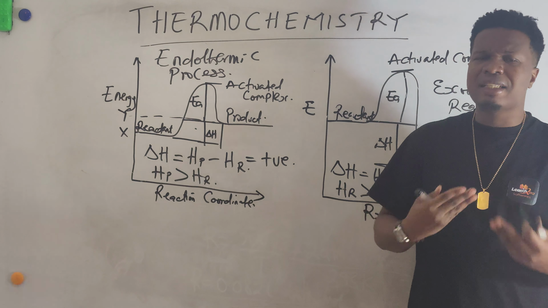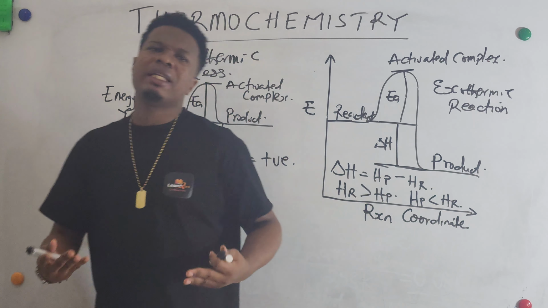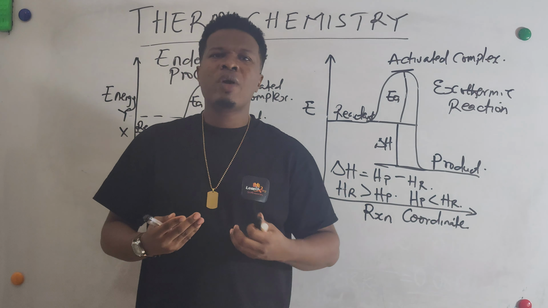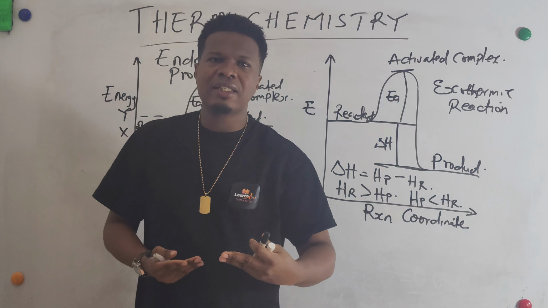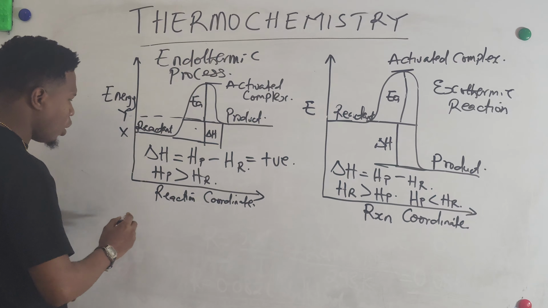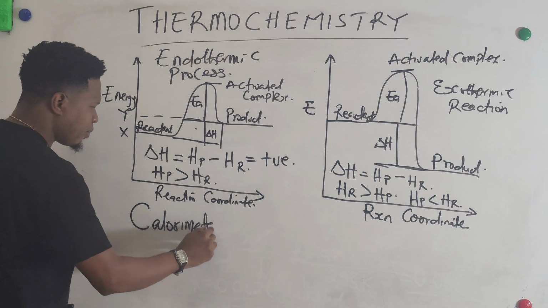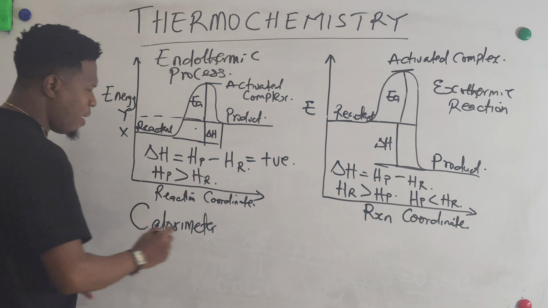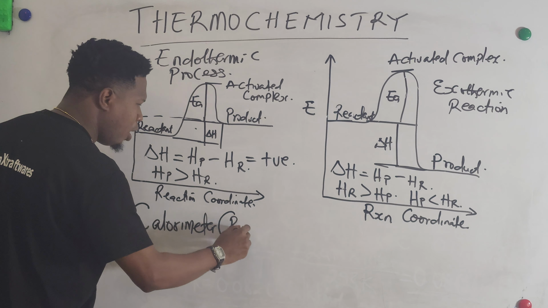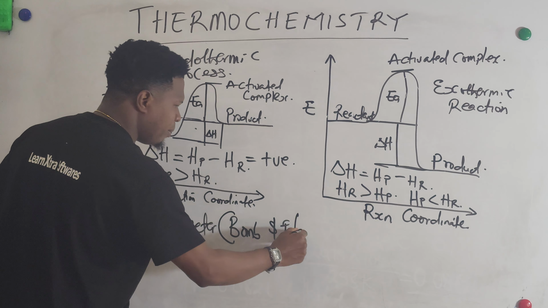Now, these heat changes that we observe in chemical reactions, how can we measure them? We can actually measure these heat changes experimentally using an instrument we call the calorimeter. For the sake of this class, we are going to be focusing on the bomb calorimeter and the flame calorimeter.